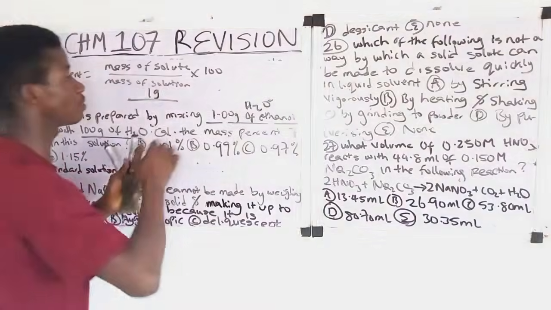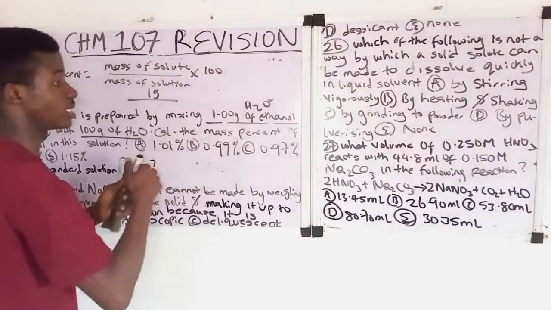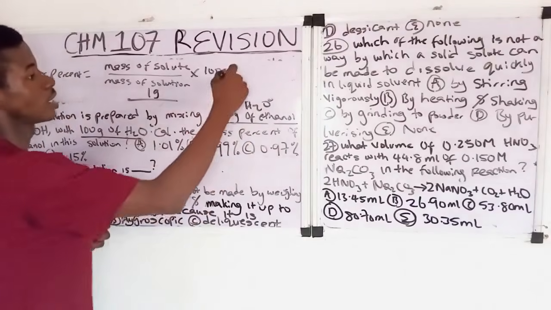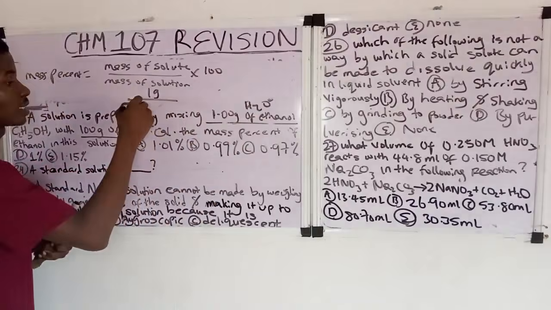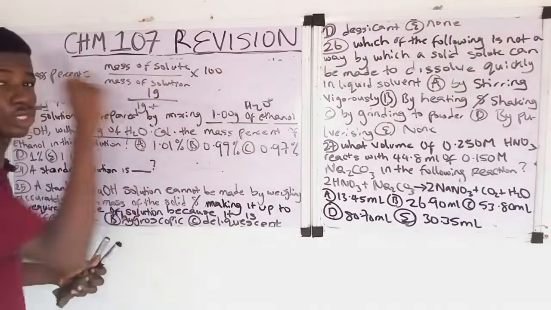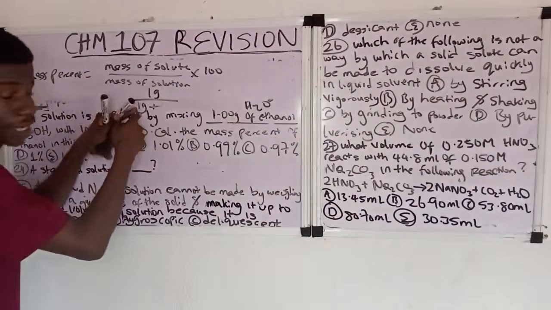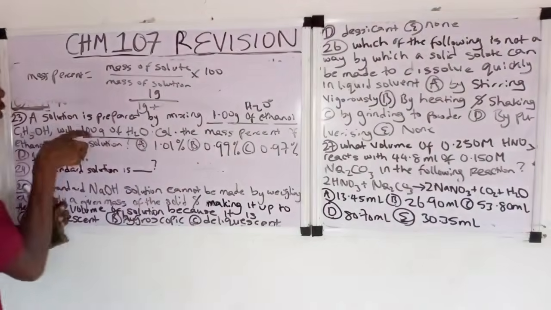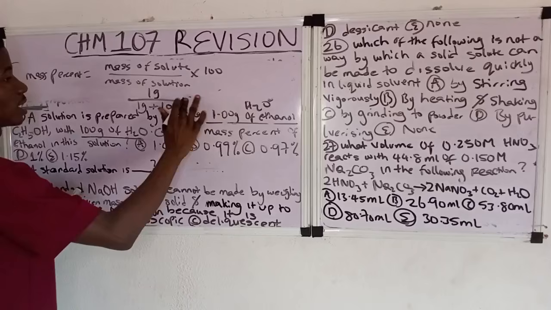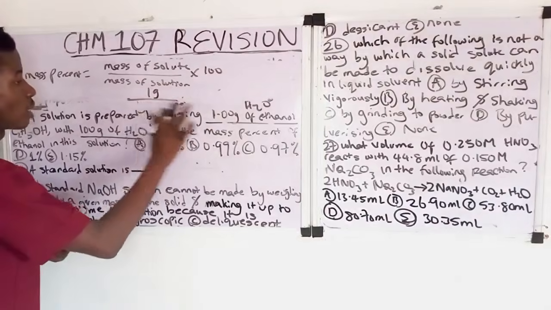Remember, solution is made up of solute and solvent. The mass of the solute is 1 gram, and the mass of the solvent is 100 gram. So 1 plus 100 gives us 101.